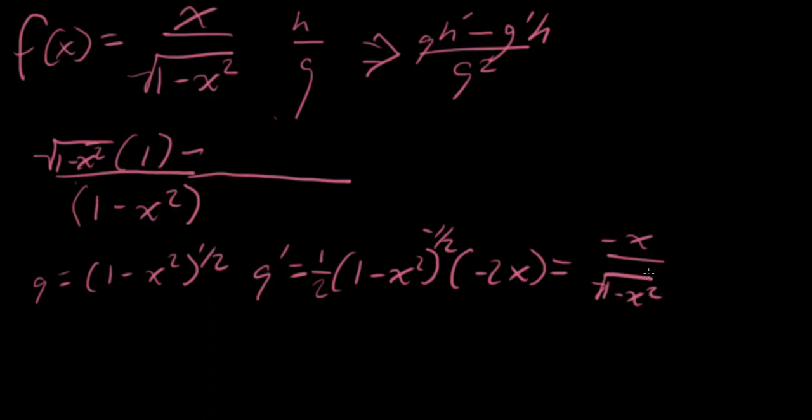Okay, so now we can plug that back in. So we get a negative x over root 1 minus x squared times h. h was just x. There we go. But that looks a little bit messy, right? We've got to clean it up.